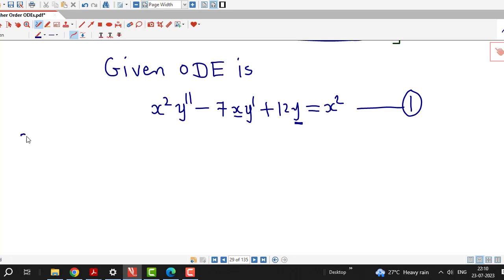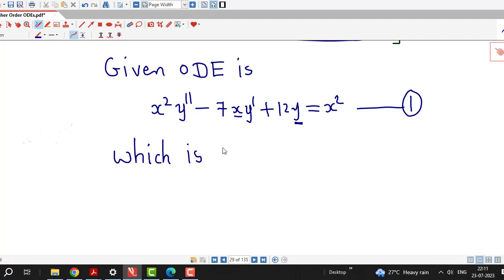This means every term in this differential equation is in this form, x raised to n into the nth order derivative of y. And we know that if every term of a differential equation is in this form, then it is called an Euler-Cauchy equation. And if we have an Euler-Cauchy equation, we can always convert it into a differential equation with constant coefficients.